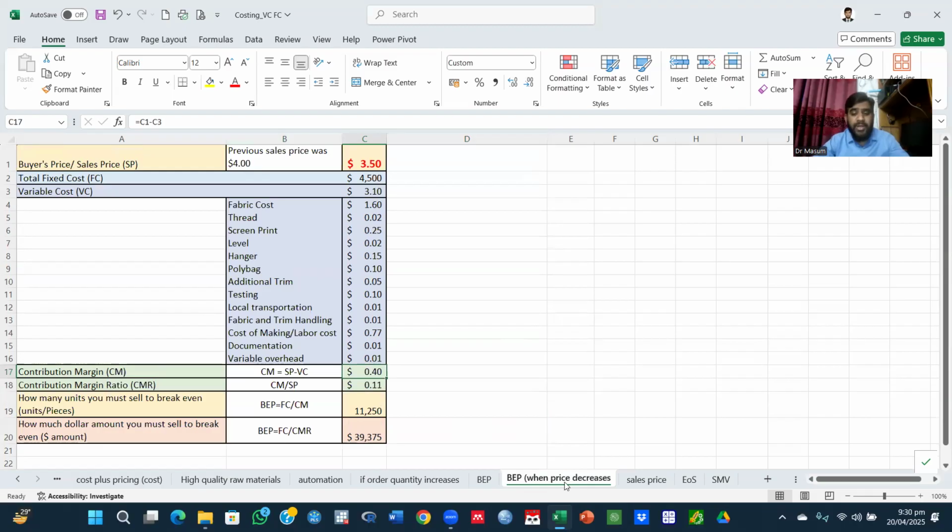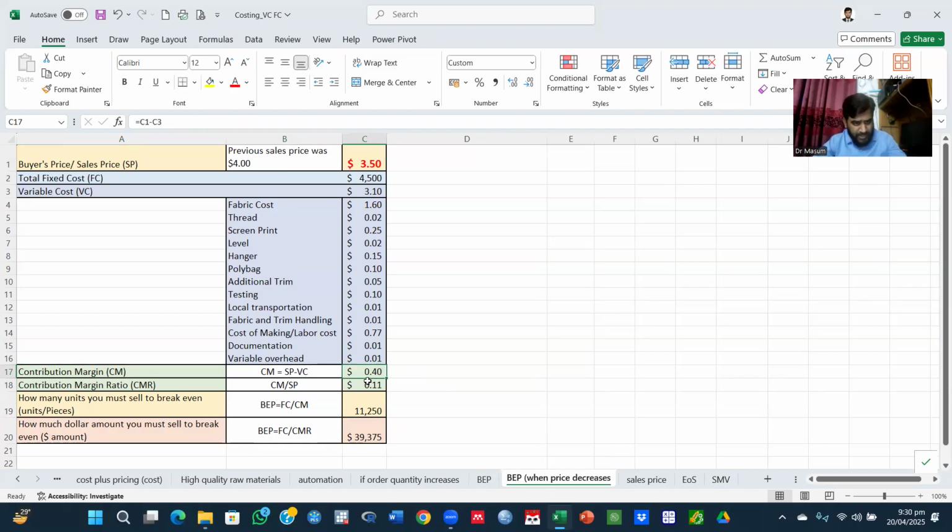And this is when the price decreases. Say for example, now the buyer is offering $3.5 instead of $4. When they are offering $3.5, your contribution margin is decreasing to 0.40.